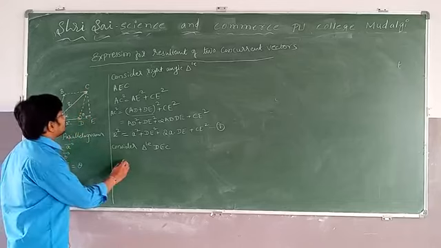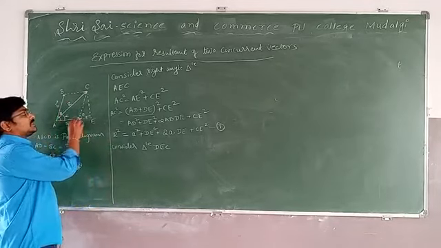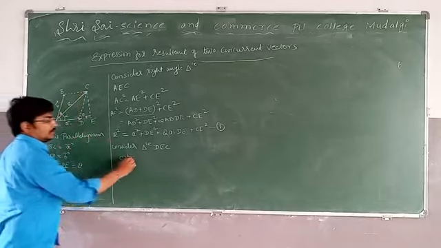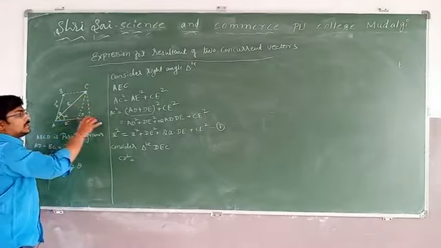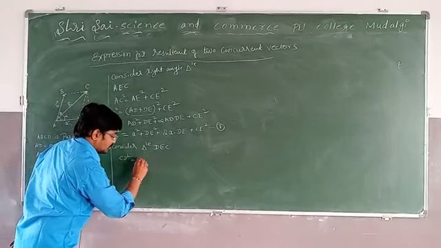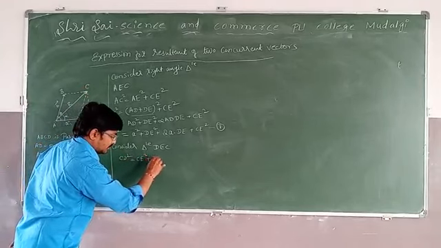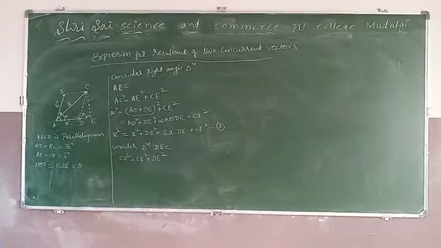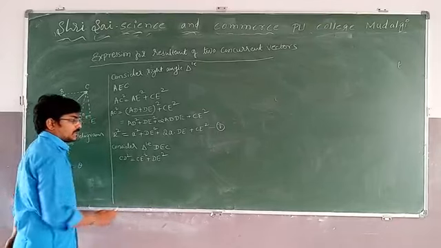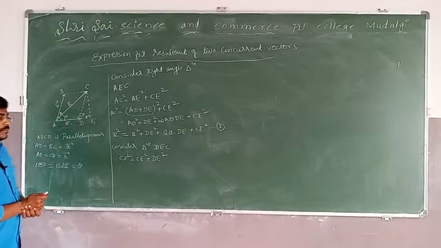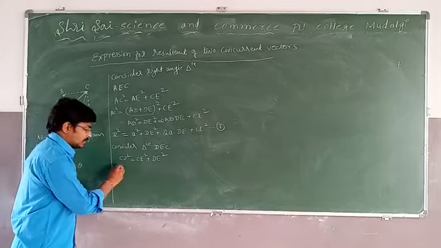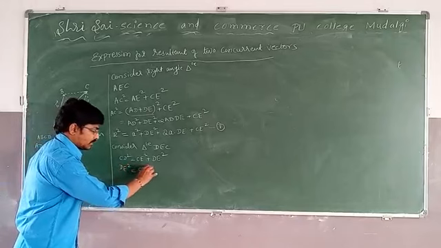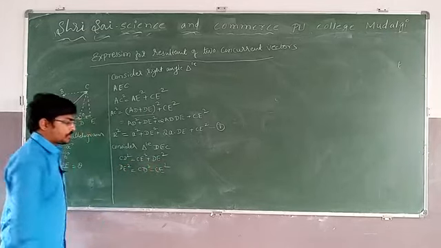Therefore apply the Pythagoras theorem. CD square is equal to DE square plus EC square. What we need is DE square equal to CD square minus CE square. Let's see.